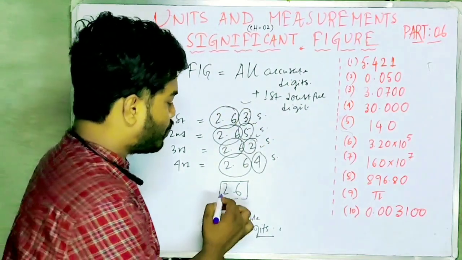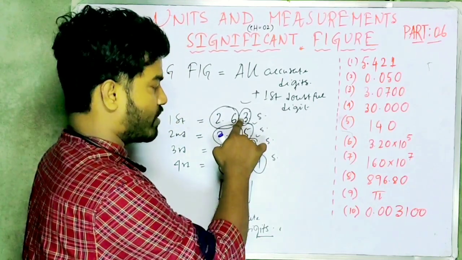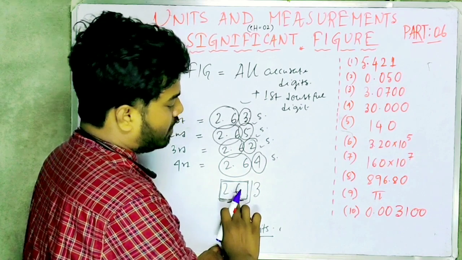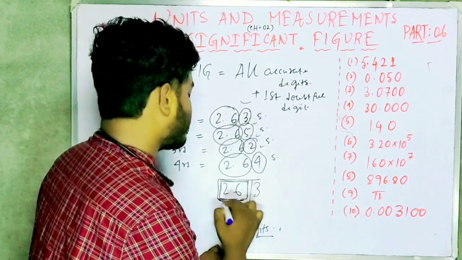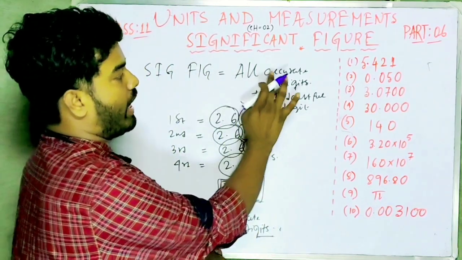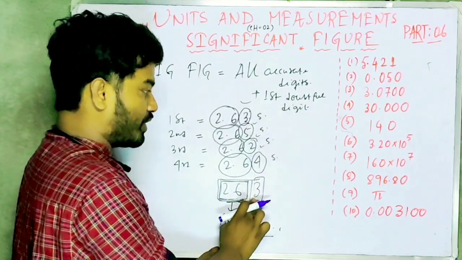Clear? So 2.6 is the accurate digits, and for the first case 3 is the doubtful digit. 2.6 plus 3, that is the first doubtful digit. Then 2.63 in total represents the significant figure: all accurate digits, that is 2.6, and the first doubtful digit, that is 3, for the first measurement.